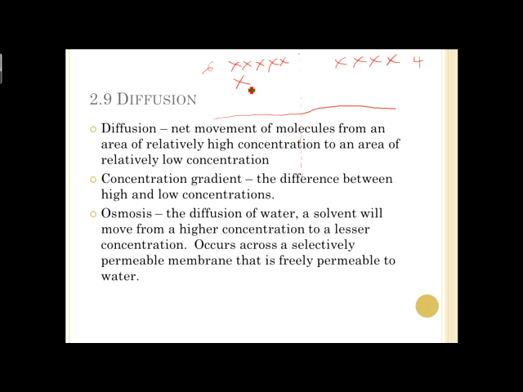And the answer is the gradient is 1. So if I moved 1 over here, now I have 5 over here, and I have 5 over here. Now, let's take this back the way it was before, 6 and 4.